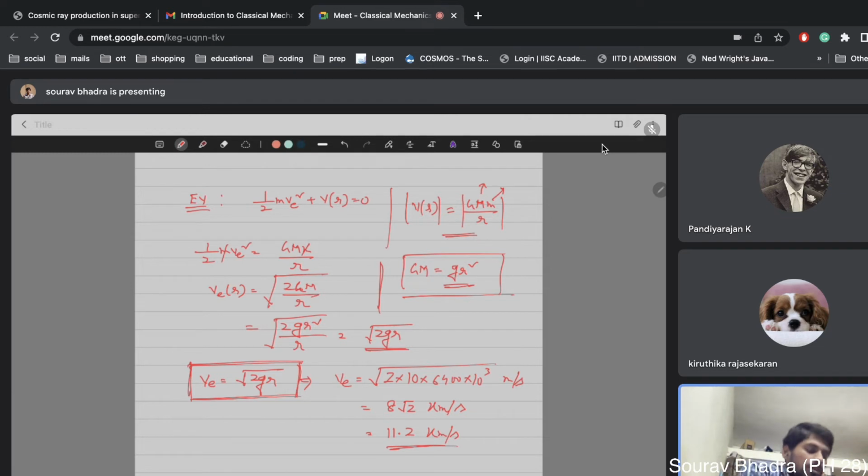I think you know this value roughly. This is the escape velocity for a particle thrown from the surface of the earth. If you throw it at a velocity more than this 11.2, it will not come back to the point from where it was thrown. That's why it is the escape velocity.